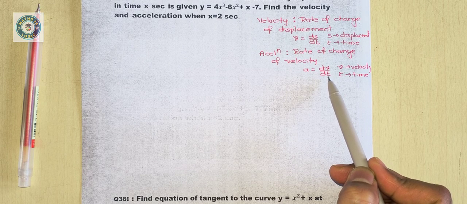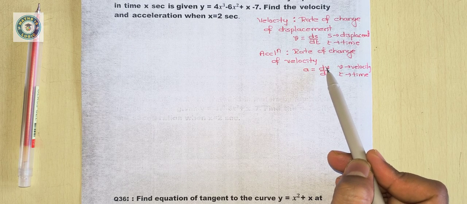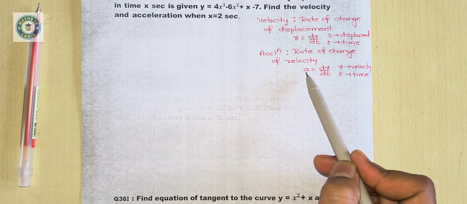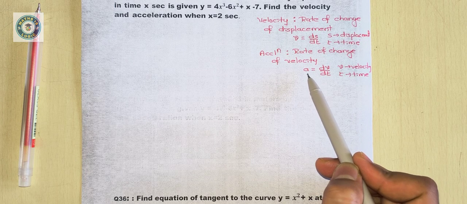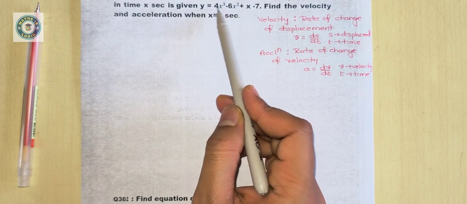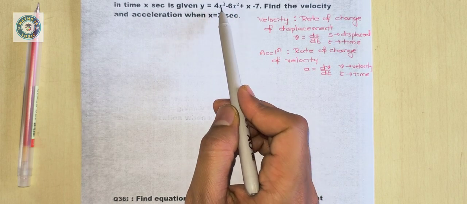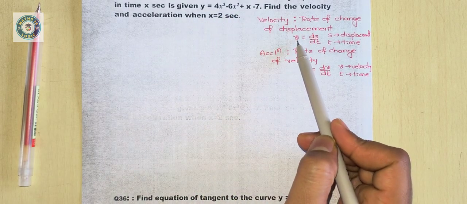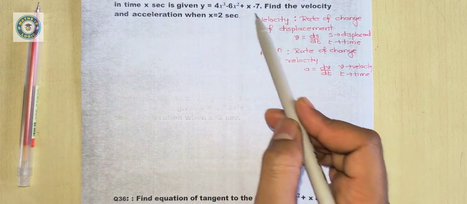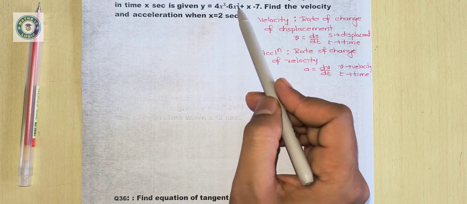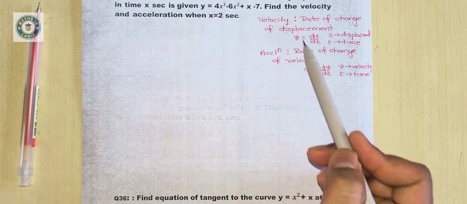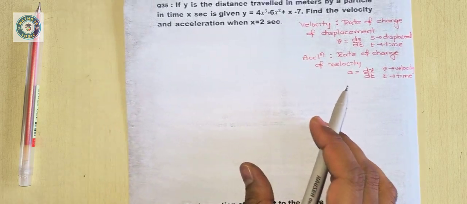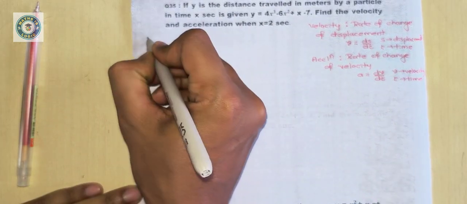If we differentiate this velocity with respect to time t, we get the ratio dv divided by dt, which we call acceleration. So if we differentiate the given function the first time we get the velocity, and if we differentiate that answer one more time, we get acceleration. So first we will write the given function.